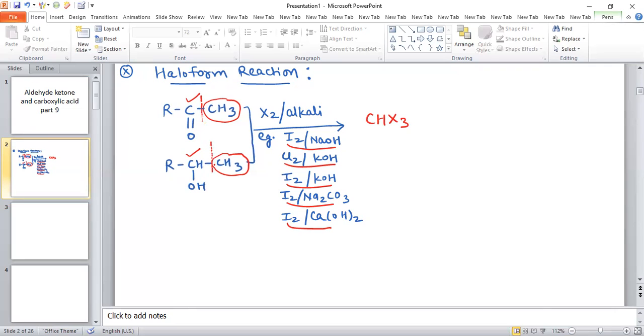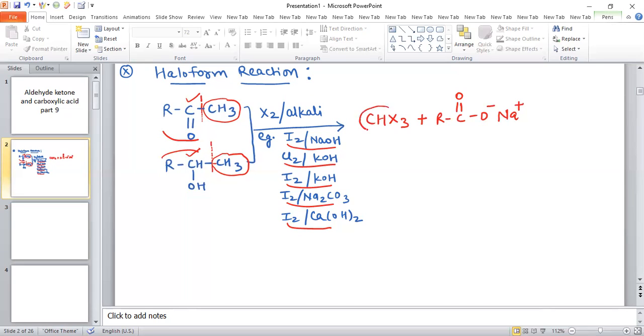So this carbon-carbon bond will cleave, and this part will convert into the salt of carboxylic acid. So this will be RCOO minus. If sodium is used, this is the sodium salt of carboxylic acid.